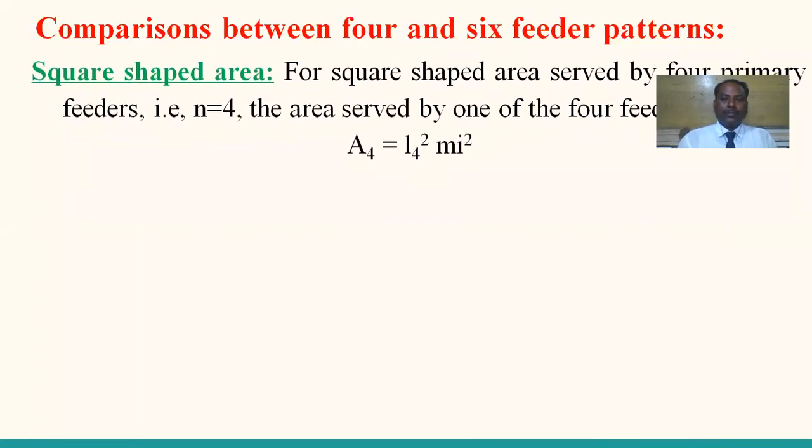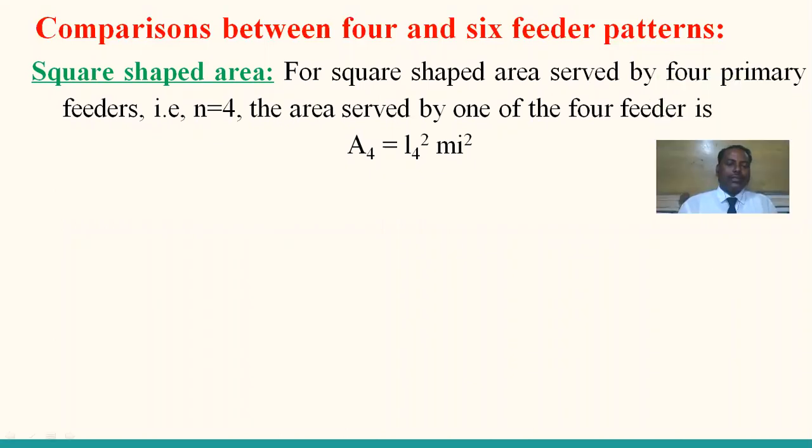So let us consider first the square-shaped area. Square-shaped area means the substation serves 4 feeders, so the total 360 degree space is divided into 4 equal parts, each part having 90 degrees.